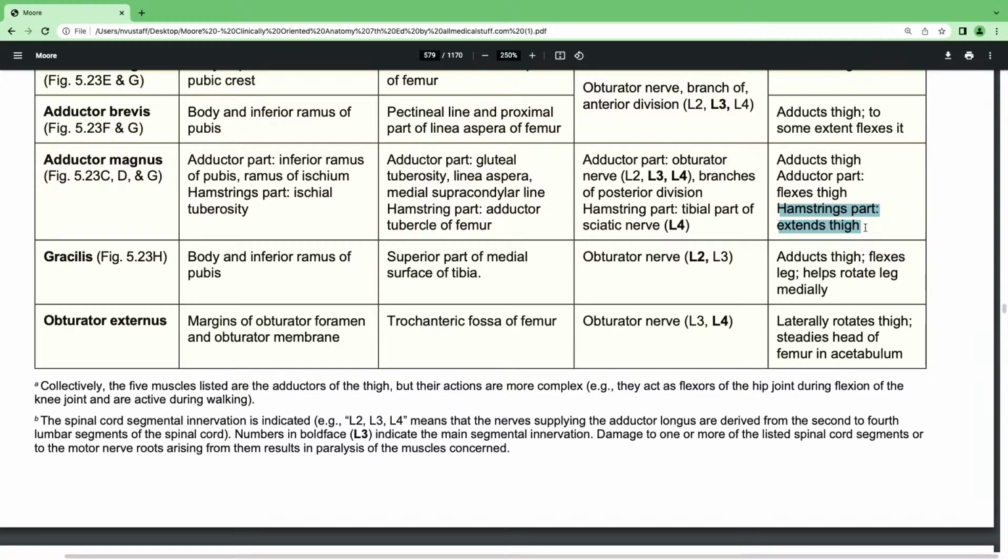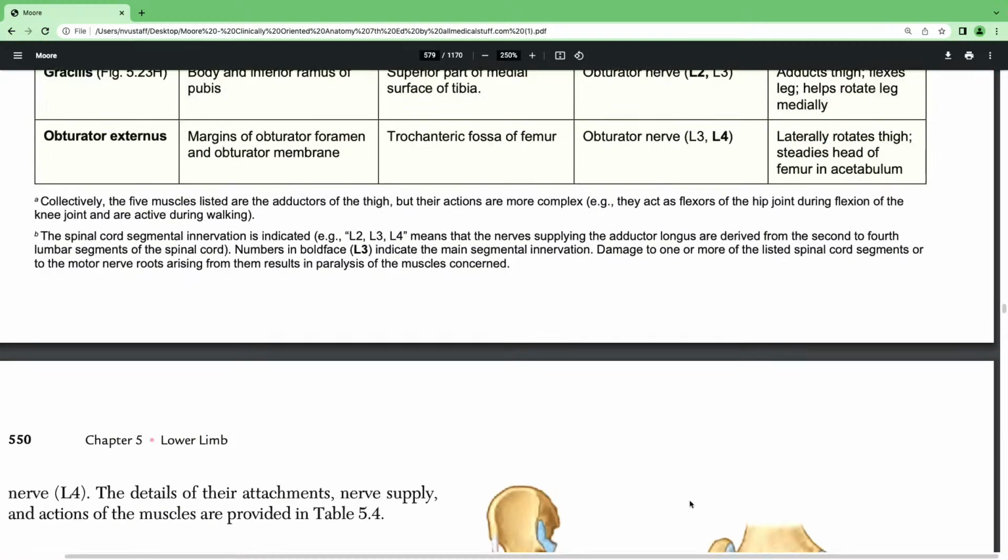Am I right? So sure, you expect that the hamstring part of the adductor magnus, which is posteriorly oriented at the level of the hip joint, will produce the posteriorly oriented movement, which is extension. Thank you very much. I think it's very logical, yes? So that's why this is one big compartment of muscles which are performing similar types of movements.